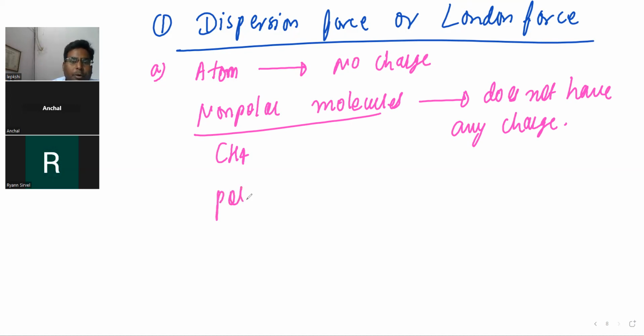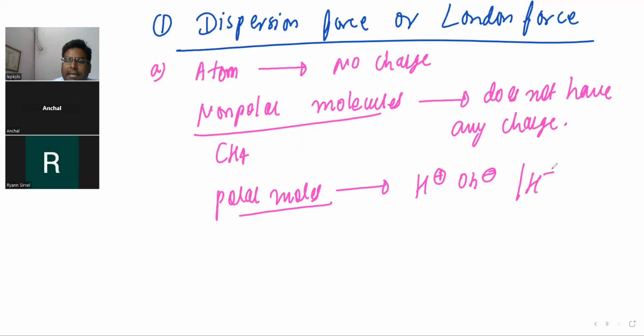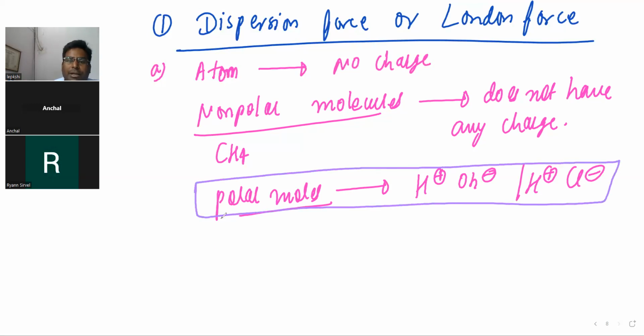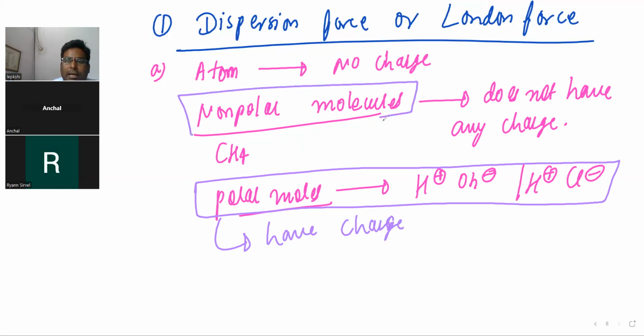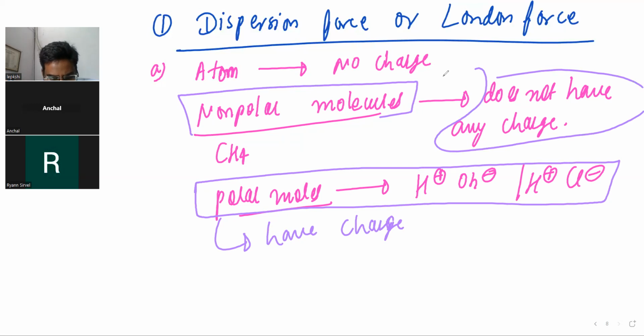If you are talking about polar molecules, they have positive and negative charge, like water. It will be plus on H and minus on OH. Like HCl, it has plus and minus. So it is called polar. When anybody asks you what polar molecules are, they have charge between atoms and molecules. Non-polar means it doesn't have any charge between them. Understood?